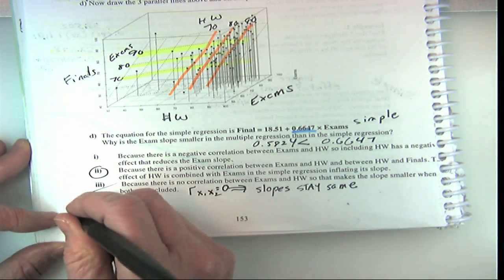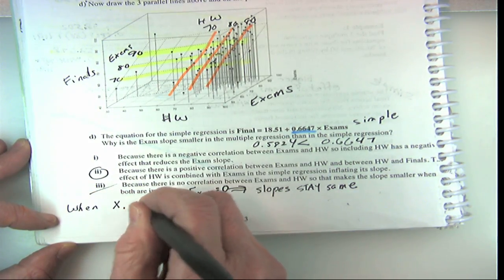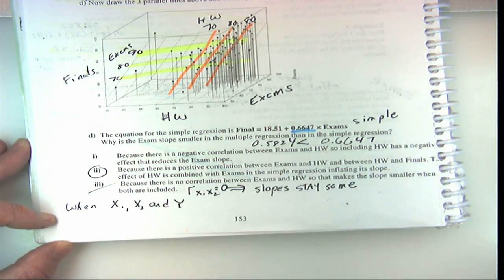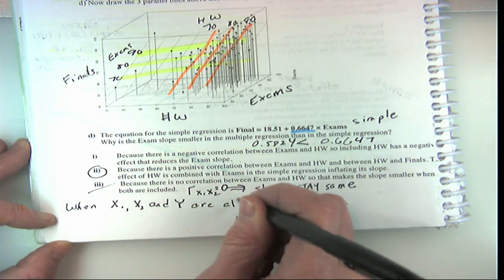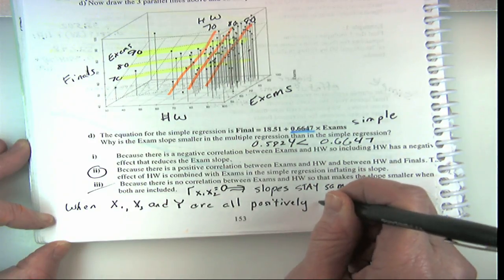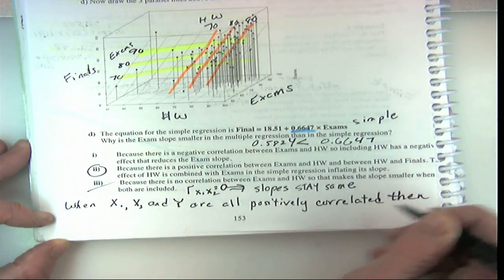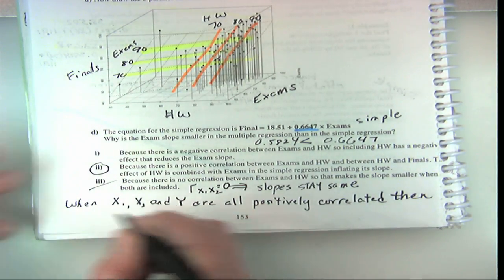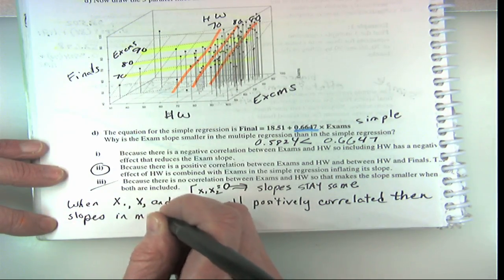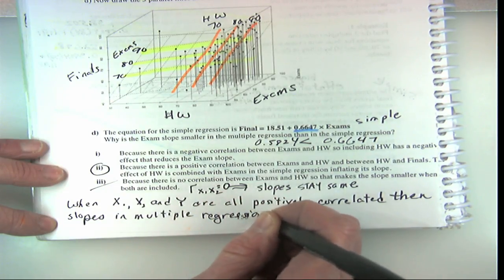All we've said is, when we've looked at examples where the two predictor variables and the y variable are all positively correlated with each other, then the slopes in the multiple regression will always be smaller.